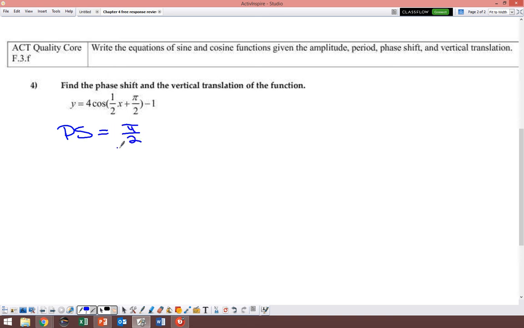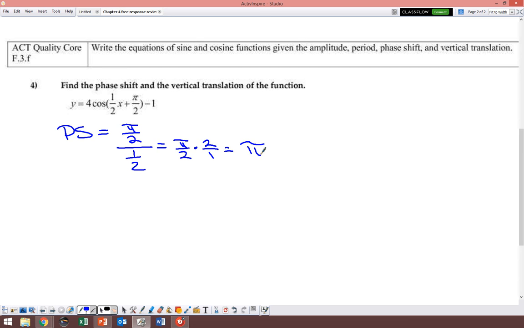Pi over 2 divided by b. Yeah, you have to start with this number right here on top, divided by b. So my phase shift is just going to be pi. And if it asks for a direction, that's to the left.